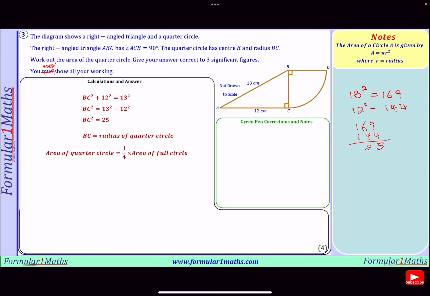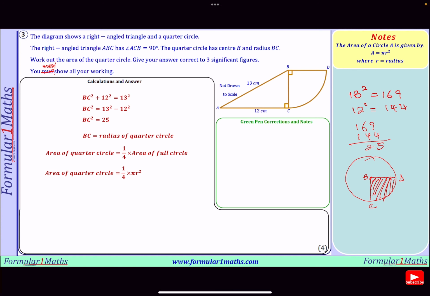If you have a full circle, like that, a quarter circle will just be a quarter of it. And in this case, we have something like B, C, and D right here. So you're looking for this area here. And so you can see it's a quarter of the full circle. So we have to find the area of the full circle and then divide it by 4.